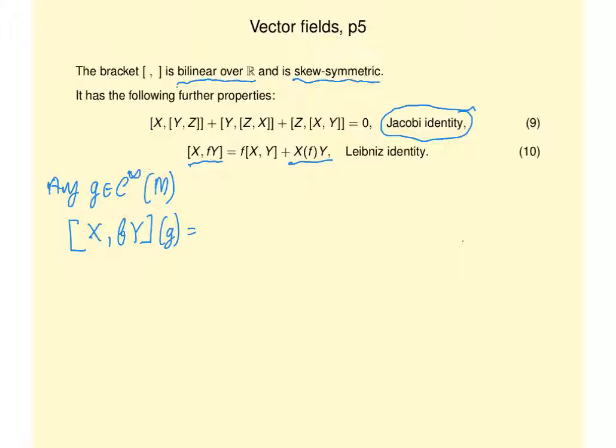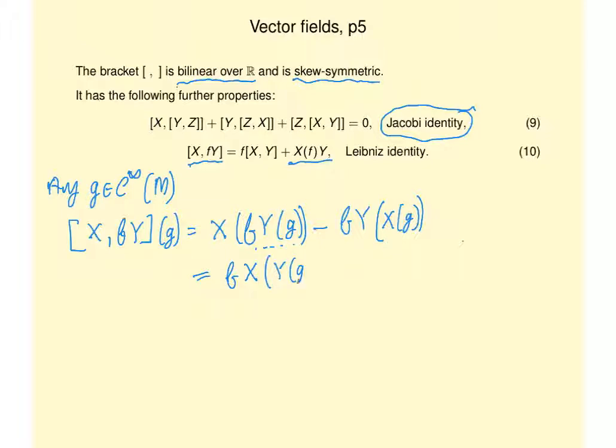And the Lie bracket, of course, is x of f y of g minus f times y of x of g. And now this first term involves the product of functions. f is one function, the other one is y of g. So I take the f outside and multiply it by x of y of g. And then I take the y of g outside and multiply by x of f. And the last term I leave as it is.